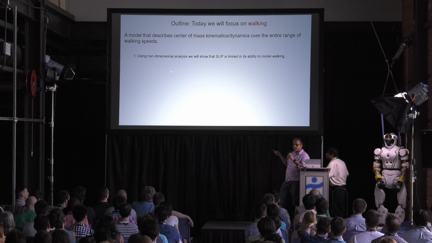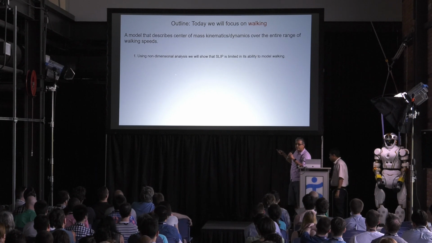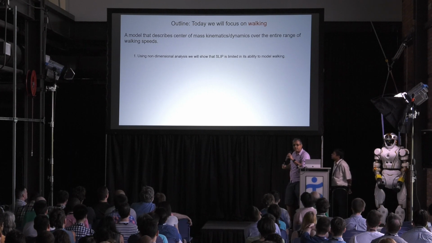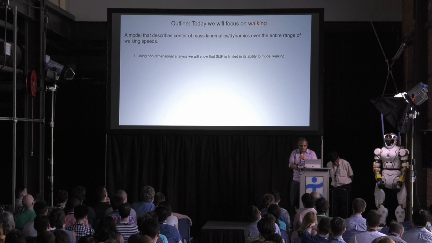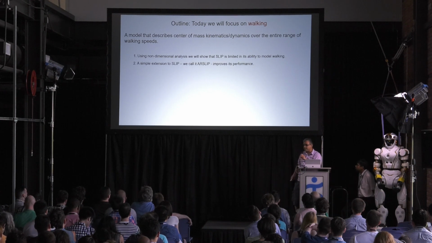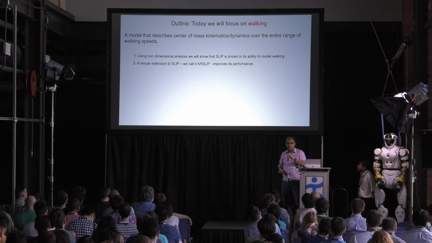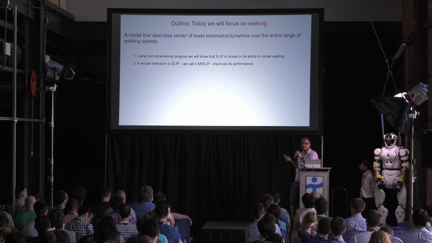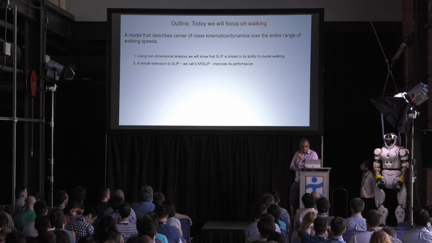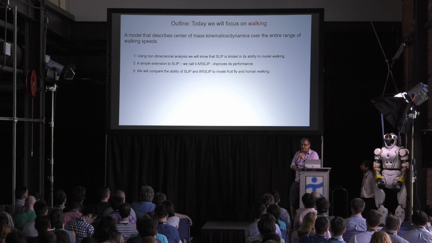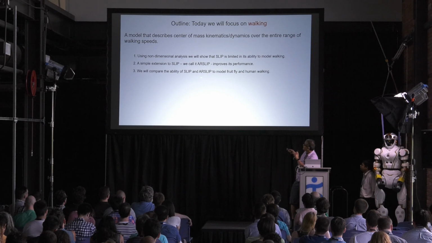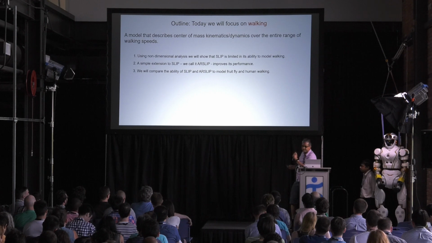First, we want to show, using non-dimensional analysis, that SLIP is rather limited in its ability to model walking. Then we want to show that a simple extension to SLIP improves its performance at modeling walking. And finally, we are going to compare SLIP and AR SLIP, our new model, in their ability to model fruit fly and human walking.